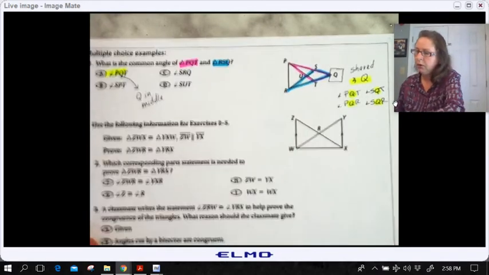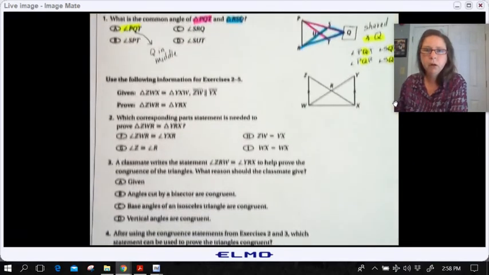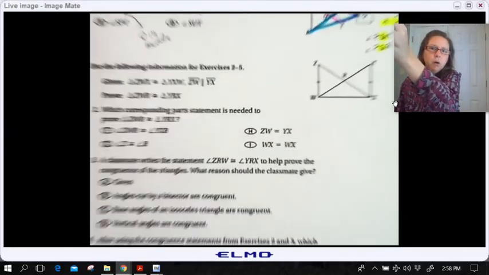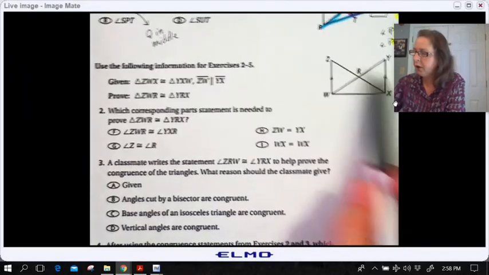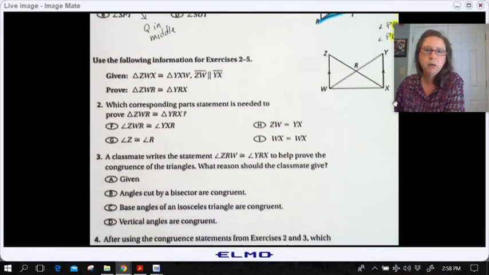Okay, let's take a look at a proof, and we're going to go through all these different parts. I'm going to zoom in a little bit more. So this figure is going to help me with the rest of the notes for today.